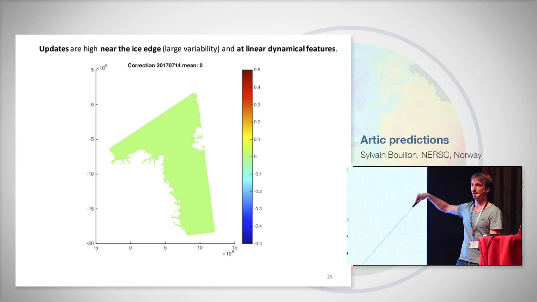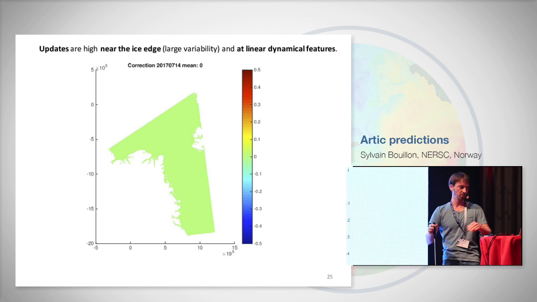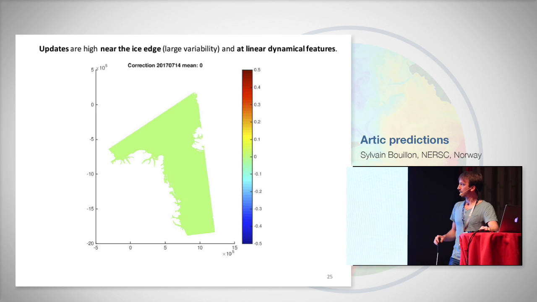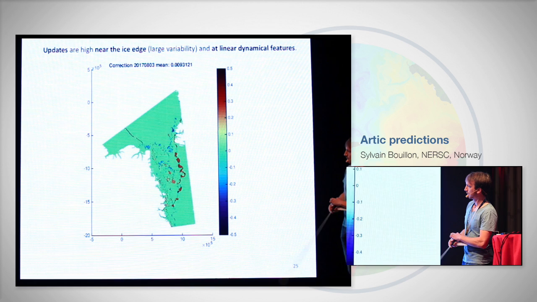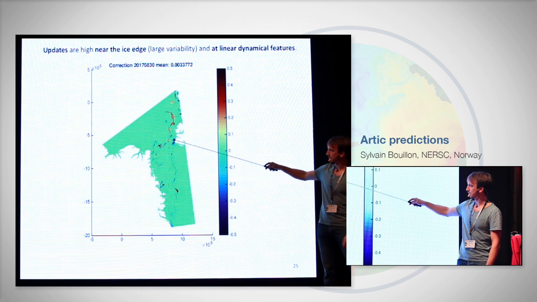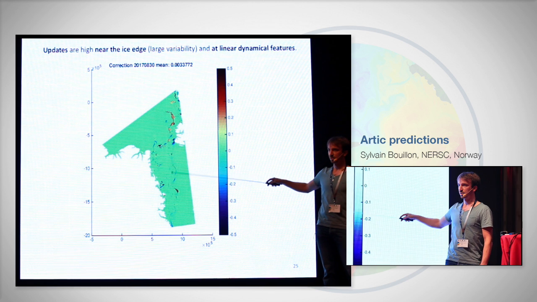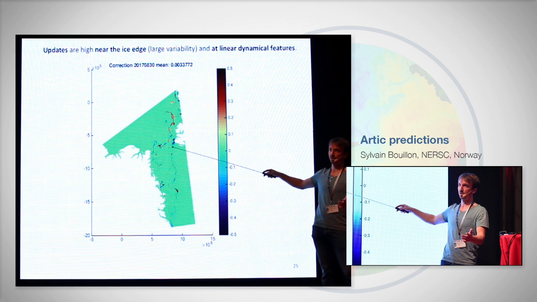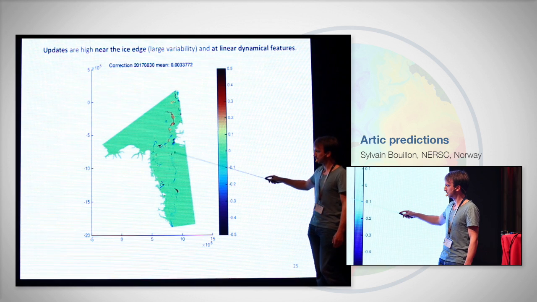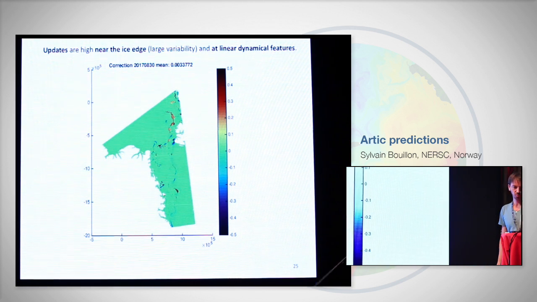In blue, you add some ice to be closer to the observation. So this is the update for 2 months. We generally see large updates, so higher values along the ice edge, because there is a large variability in the system. So it's difficult to forecast that properly.